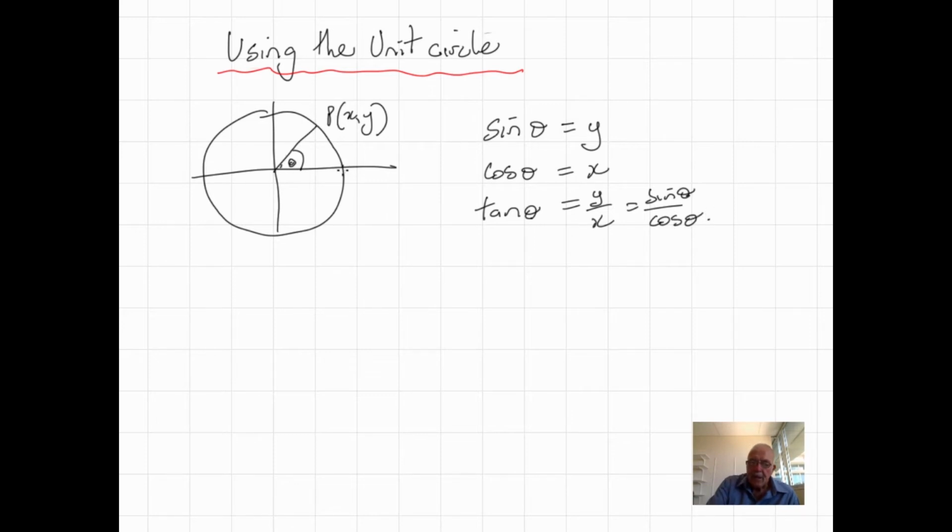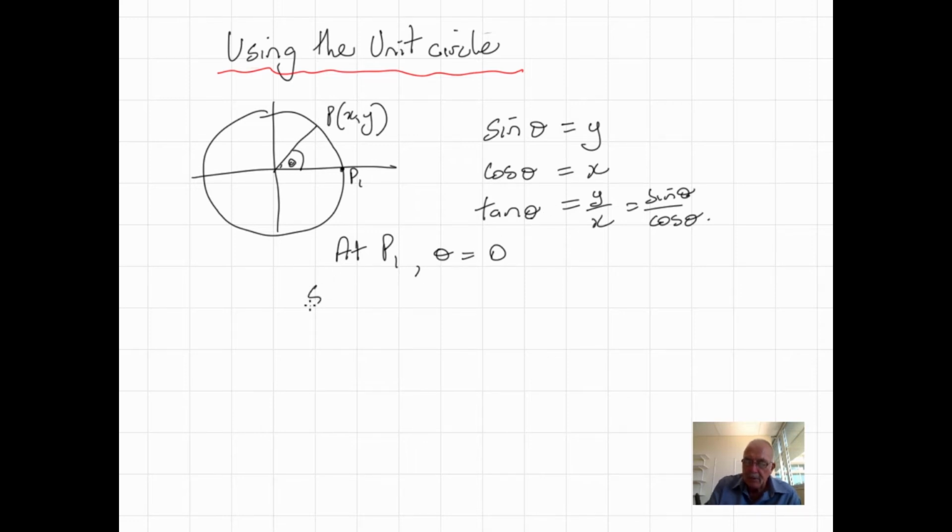where theta starts out here. So if theta is equal to, say, at P1, theta is equal to 0 degrees, and so from that we can work out the sine, cos and tan of 0.